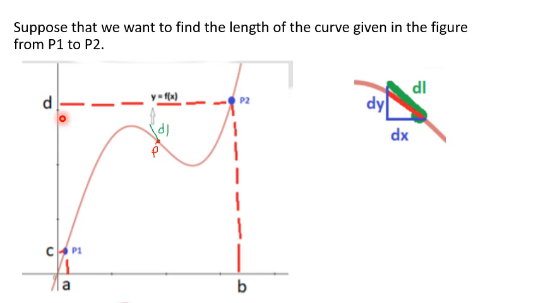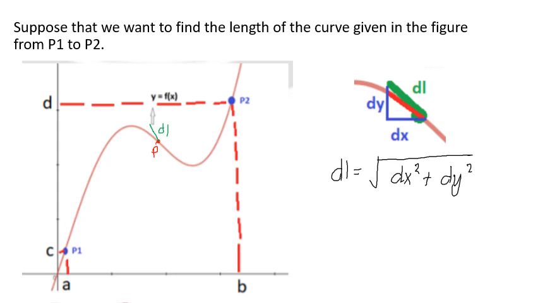So this is so familiar because this is a right triangle, and we could apply our Pythagorean theorem, where to get the change of L, we could write an equation of dl is equal to square root of dx squared plus dy squared.